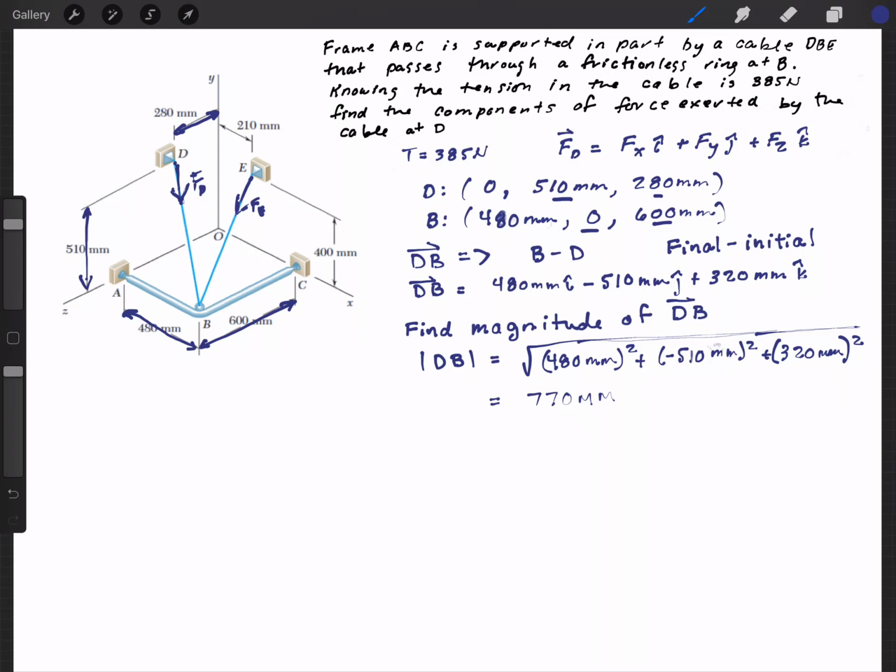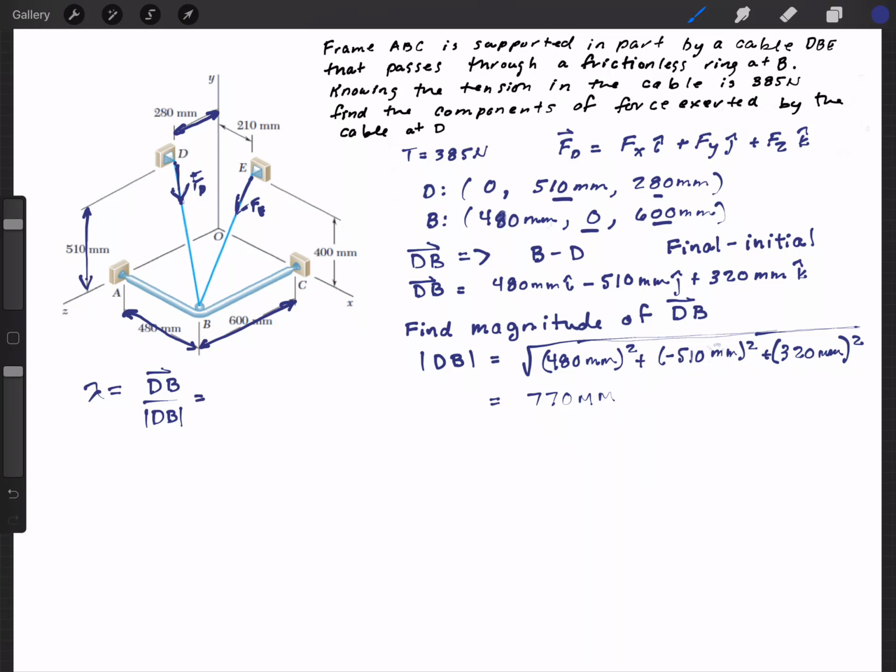So now we can find the unit vector, lambda. Lambda is the unit vector of the force vector at D, and indicates the direction of that force. To find lambda, we take our vector DB and divide it by the magnitude of DB.